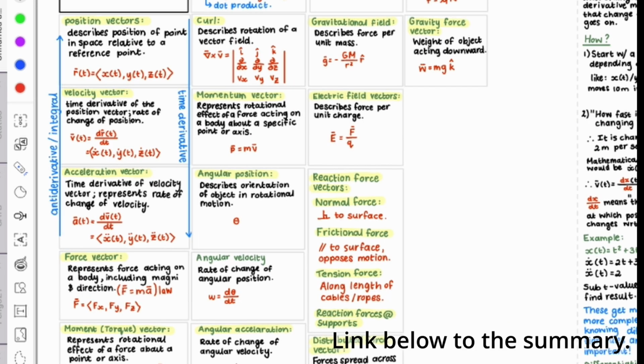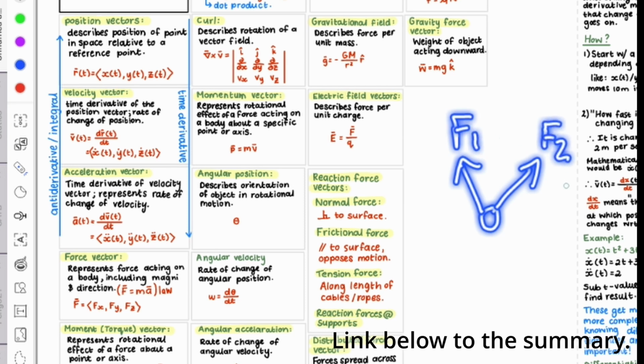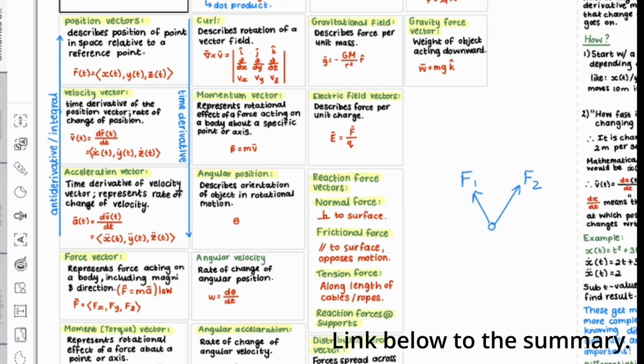The force vectors are normally denoted with those sketches that I told you about, where there's the origin and then some lines going out of it, which we now know are vectors. Those lines are your force vectors. So force 1, force 2, right? They are physically the force that pulls that object in a specific direction or pushes it in a specific direction.